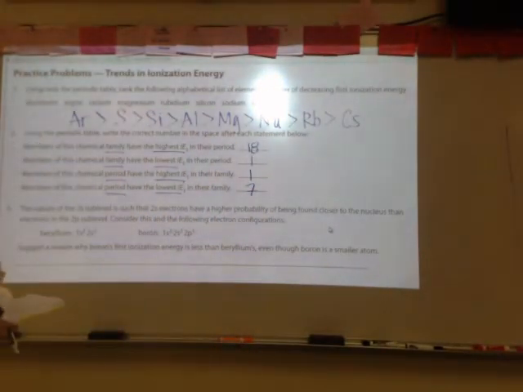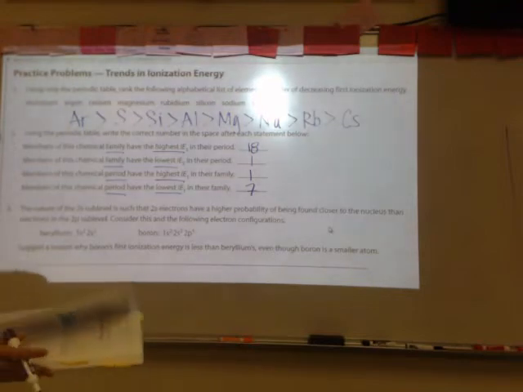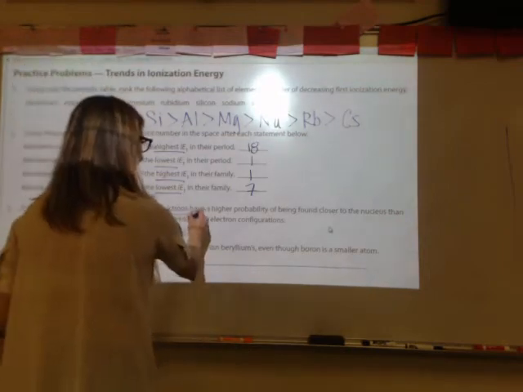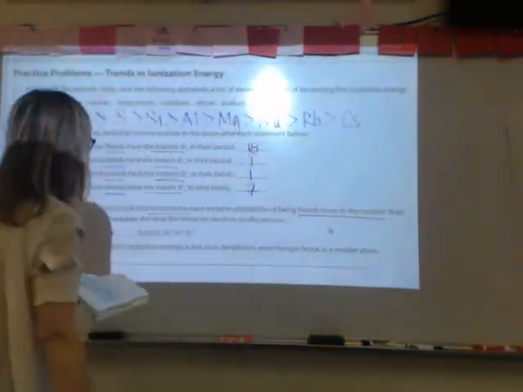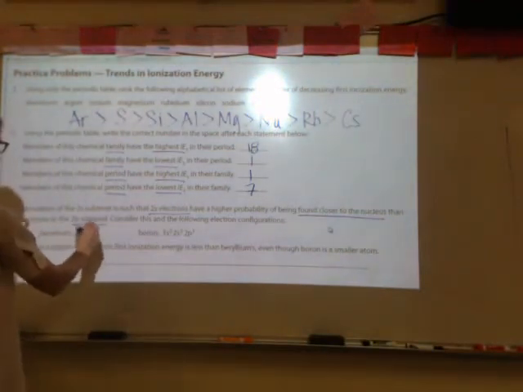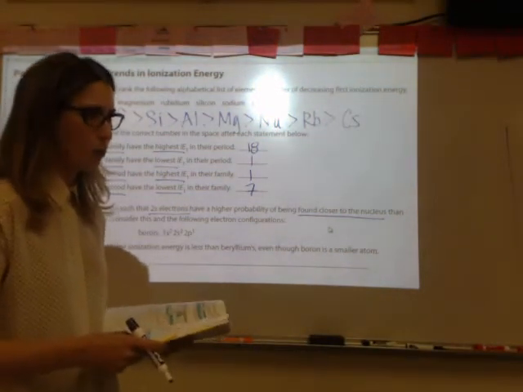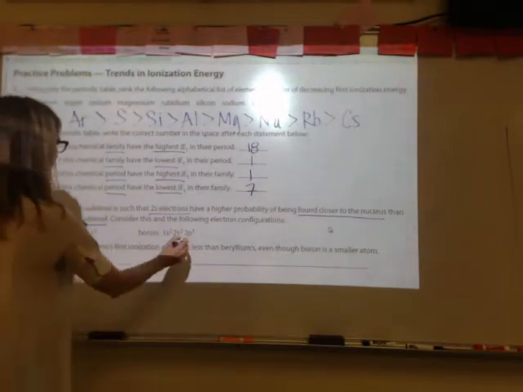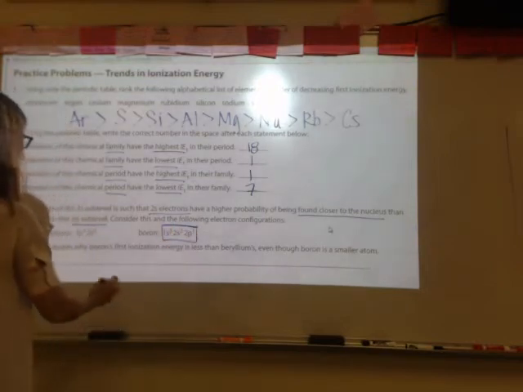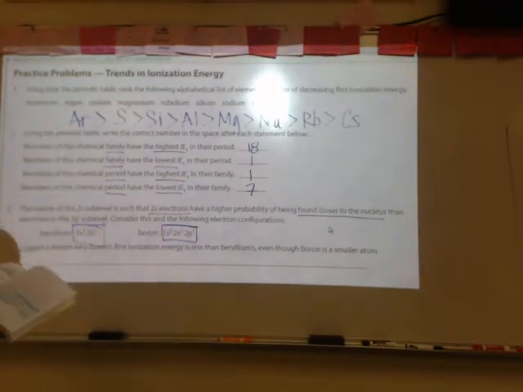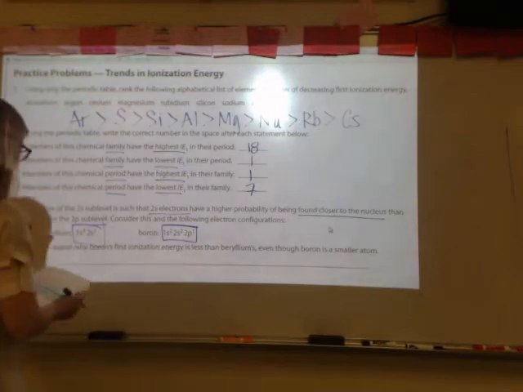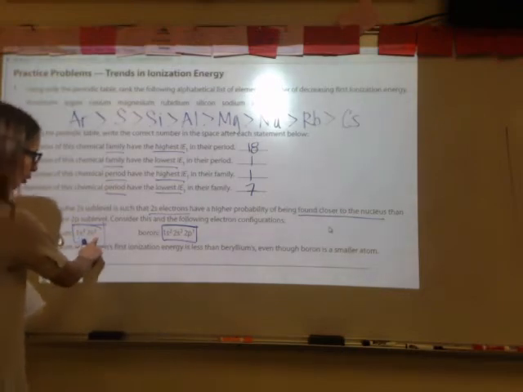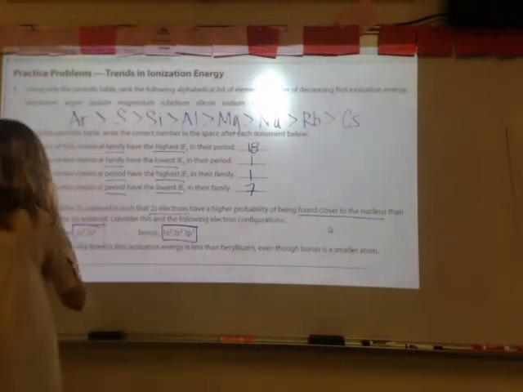Number 3, the nature of the 2s sublevel is such that 2s electrons have a higher probability of being found closer to the nucleus than electrons in the 2p sublevel. Consider this and the following electron configurations. Suggest a reason why boron's first ionization energy is less than beryllium's, even though boron is a smaller atom. Okay, well, the 2s electrons here spend more time closer to the nucleus than the 2p electron here.